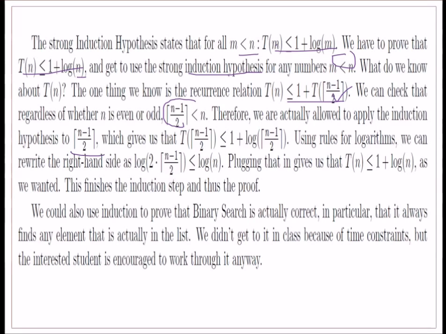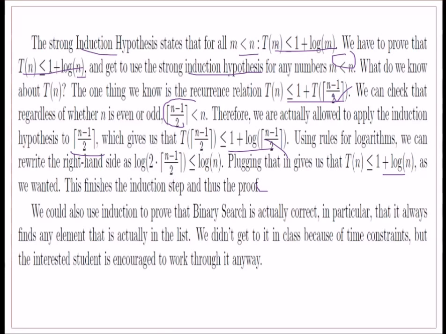And if we apply the logarithmic rule, we can rewrite the right hand side as equal to log(2·(n-1)/2), which is less than or equal to log n always. Now plugging this in, we get T(n) is less than or equal to 1 plus log n, as we wanted. So this is our induction step using the strong induction hypothesis.